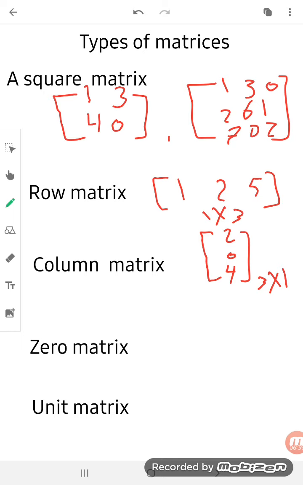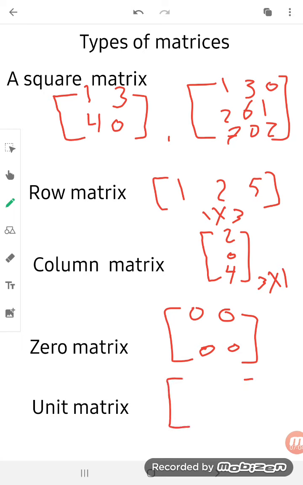Zero matrix, the matrix in which all elements are 0. 0, 0, 0, 0 in any order. All elements are 0, so it's called a zero matrix. Last one, unit matrix.